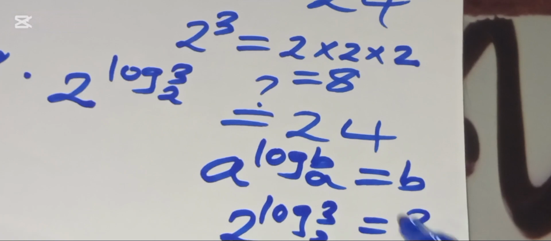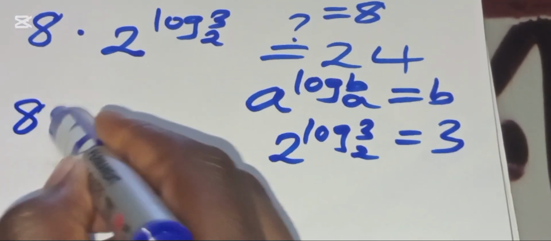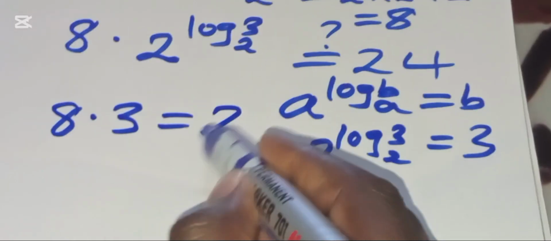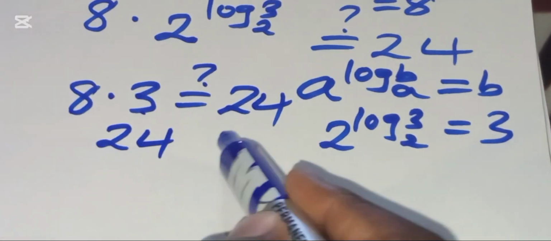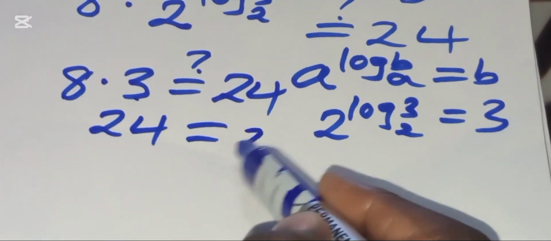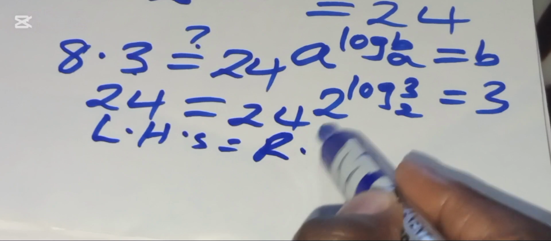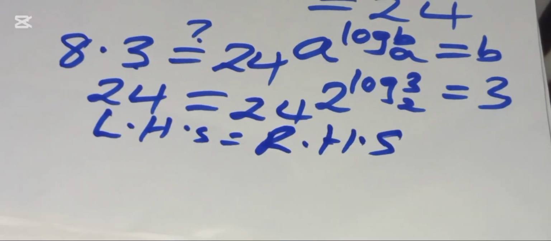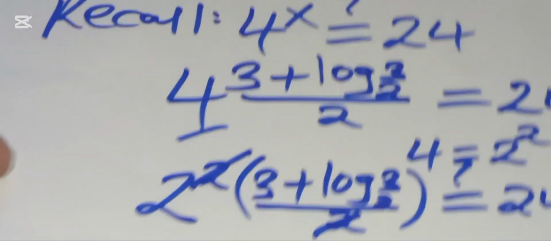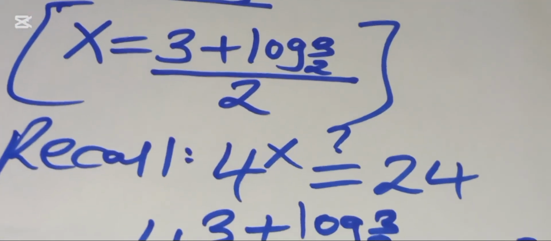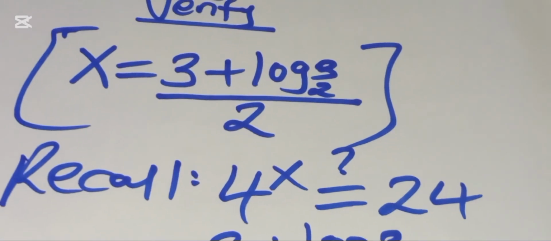Substituting this, we have 8 multiplied by 3, and 8 times 3 is equal to 24. So the left hand side is equal to the right hand side, and that affirms that the value of x, which is 3 plus log 3 to base 2 divided by 2, actually satisfies the equation.